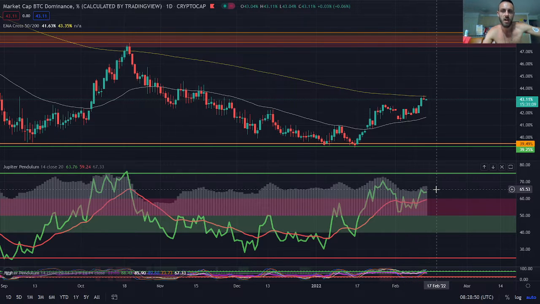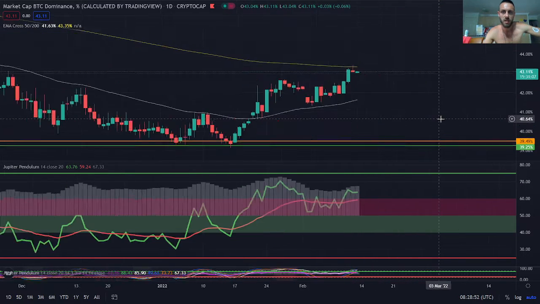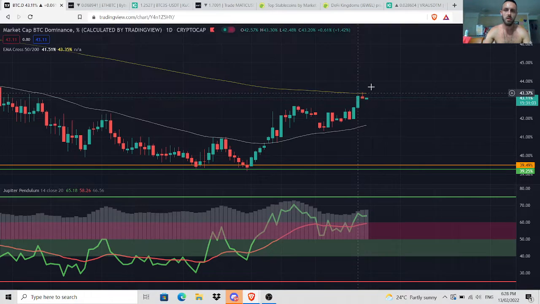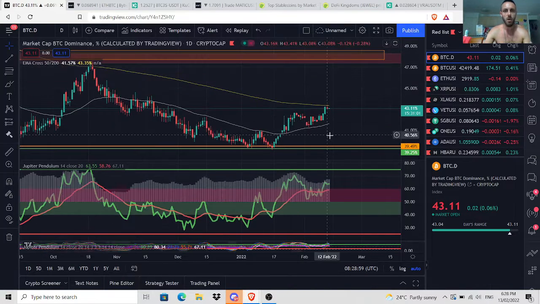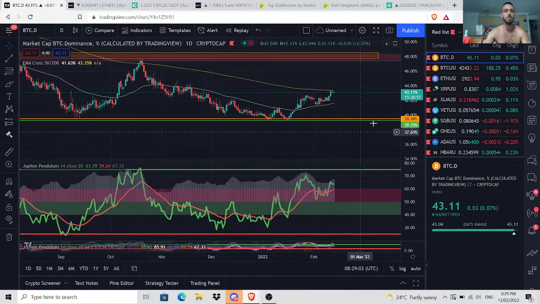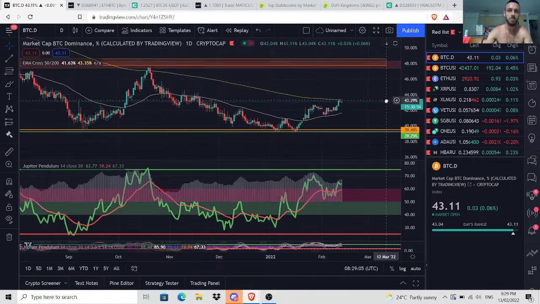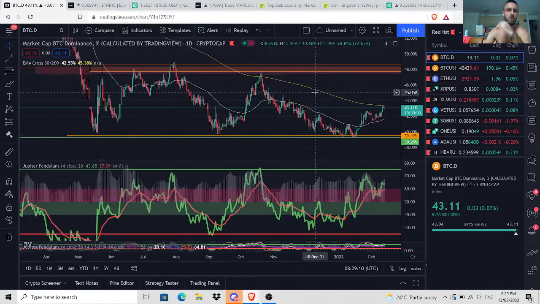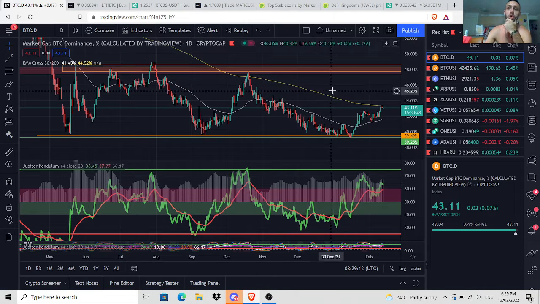Printing divergence in the RSI, which tells me if we don't break out here, if we form a top, then this is going to come down. And when it comes down, altcoins really explode. And when we break this level, I'm going to be screaming altcoin season because it's going to be what we've all been waiting for, in my opinion. It's going to be huge.